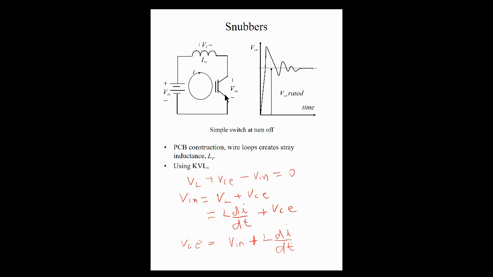That's for ideal, but for real circuits, you'll have other things that will impact the overall voltage, as in this case, the inductance in the circuit. So it's going to cause a spike in the voltage across the device. This is not desirable, and so we have to protect our device.